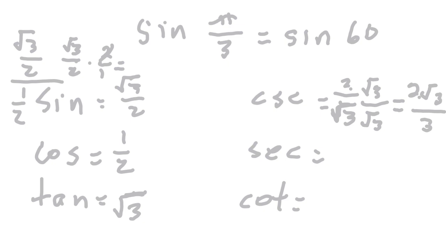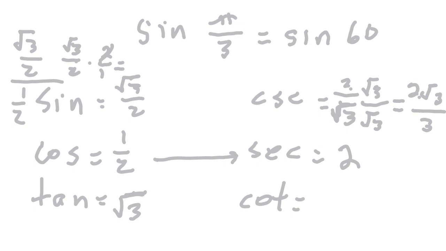Okay, so now we've got sine, cosine, tangent, and cosecant. Now we've just got 2 more to go. Secant. Secant is going to be the reciprocal of cosine. The reciprocal of 1/2 is just 2. So that one does come out pretty easy there. Now, what about tangent and cotangent?